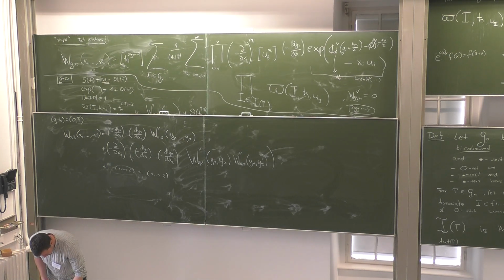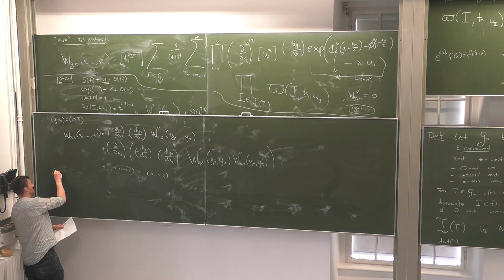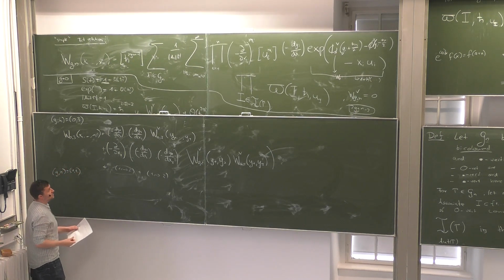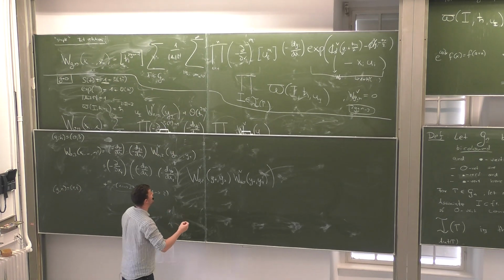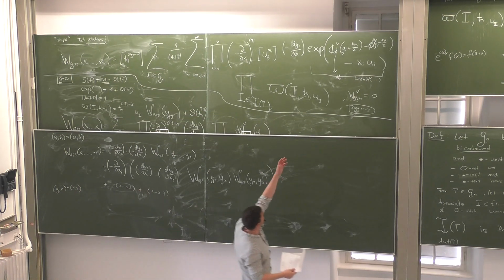Good. And I also give you another example. What happens if we have G_{1,1}? So we have to expand everything to the next order in h bar. So the exponential will now contribute.